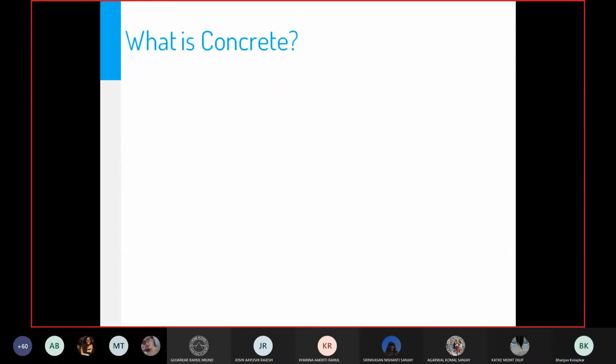So let me ask you first, why is it called concrete? What comes to your mind when you hear the word concrete? You can also give an example. Forget about engineering in general. What does concrete mean to you? Something that's stable and unchanging.